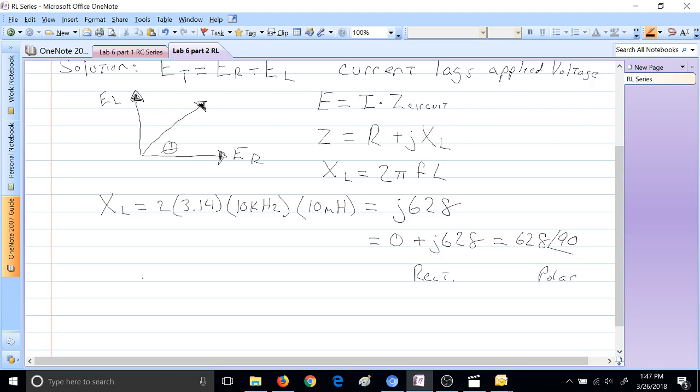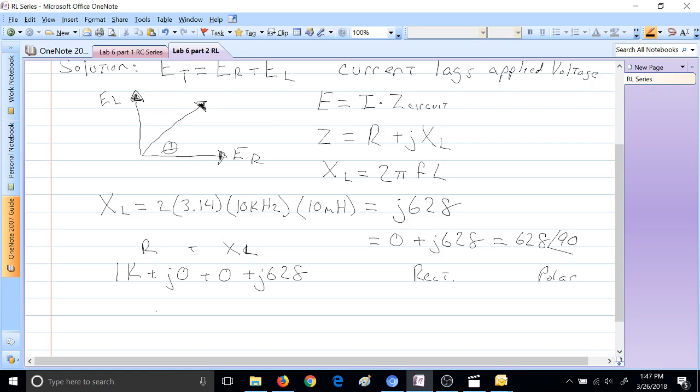So we're going to add the impedance for the circuit being 1 kilo ohm, and I'm going to put 1K plus 0 for the imaginary part for the resistance, and of course the inductive part would be 0 plus J628.